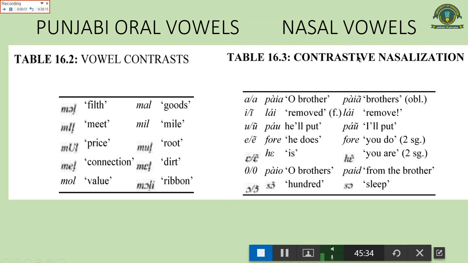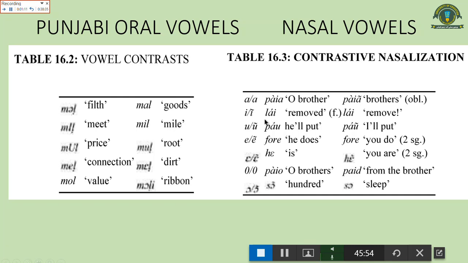Now here are nasal vowels. These oral vowels have their nasal contrasts as well. Like this is paya, as if we are saying oh brother, and there is paya, that you are showing possession, brothers.